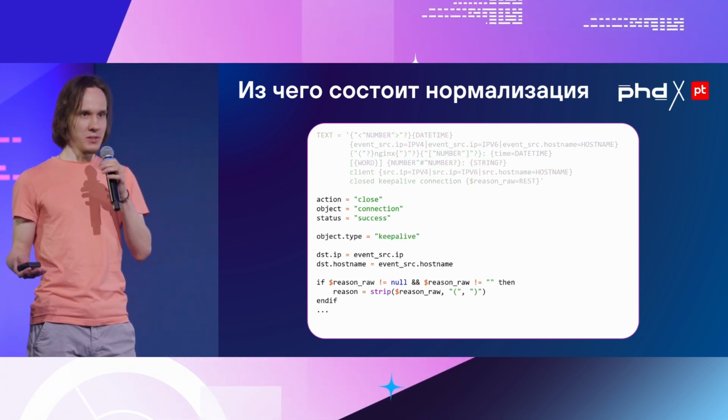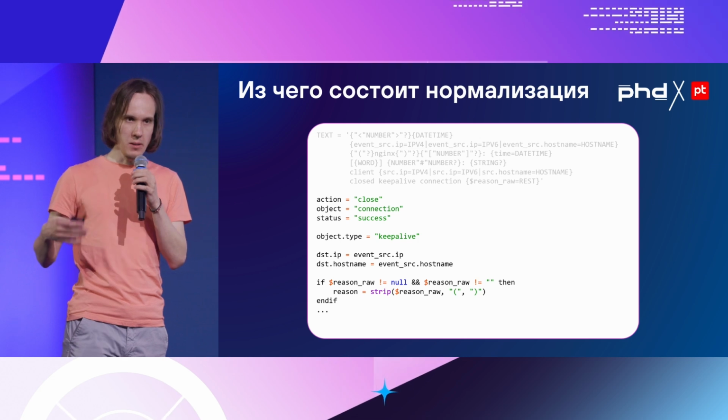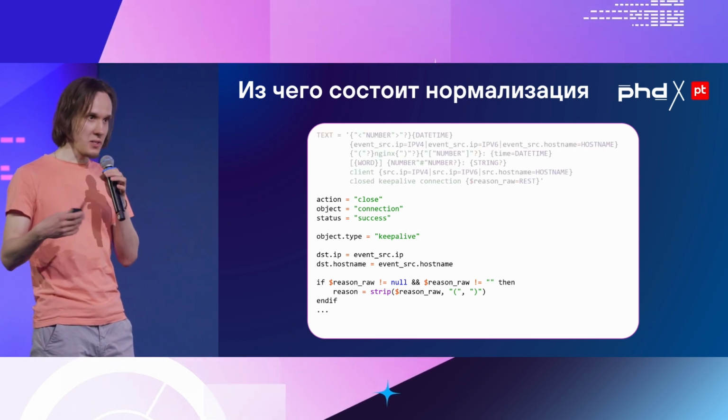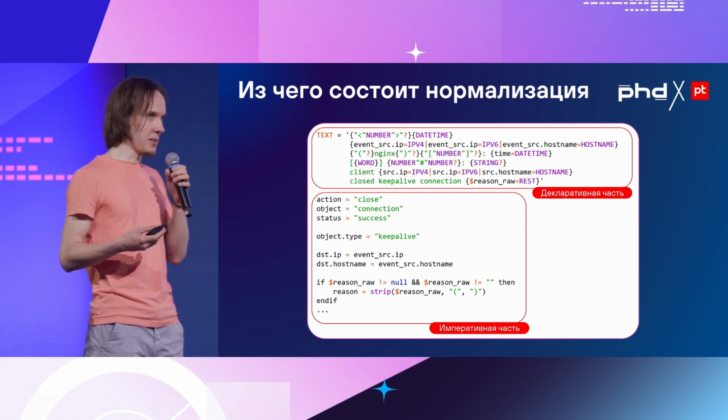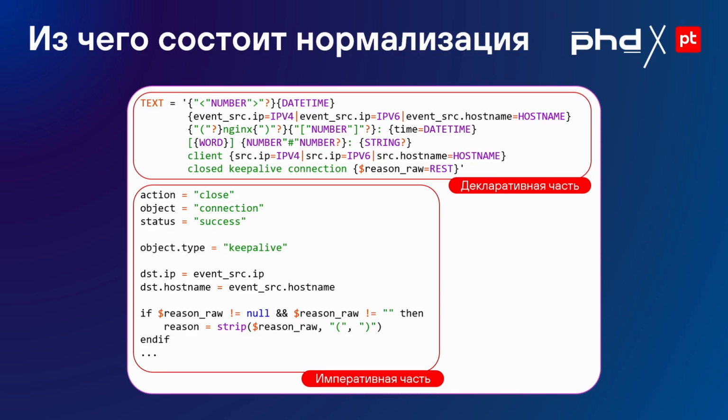These two parts, as you can see, are significantly different from each other. These are two different languages within one rule. One of them is a declarative description of the structure of the event, and then an imperative sequence of instructions on how the normalized event should be formed.